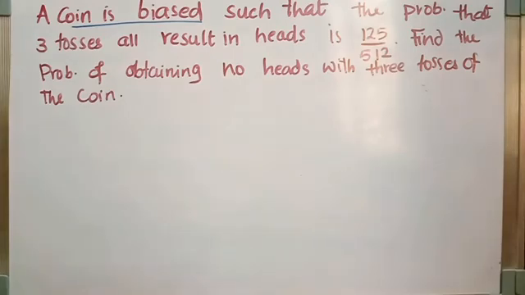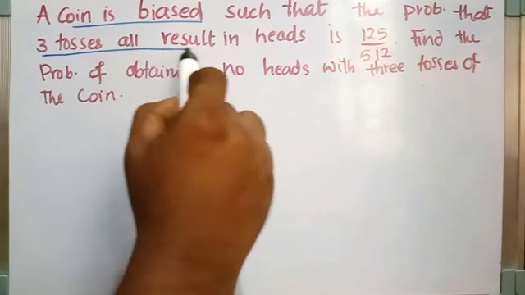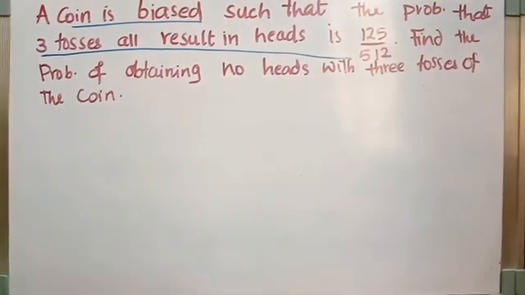For that, let's use the first sentence. This is the first given condition: three tosses all result in heads. So when we made three tosses, all three gave heads, with probability 125/512.